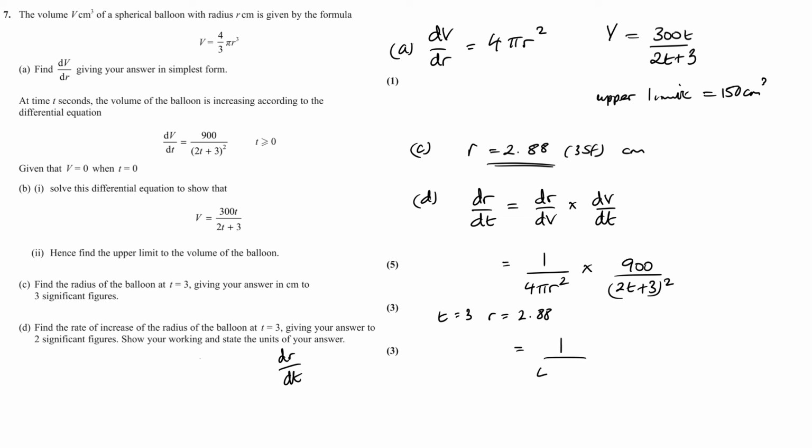So 1 over 4 pi times 2.88. I'll use the full value though, stored in my calculator, times 900 over 2t plus 3 squared, and t is of course 3, isn't it? So it'll be 6 plus 3 squared, so 9. If I rub that out again, so that'll be 9 squared there.